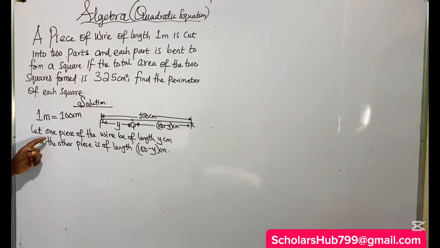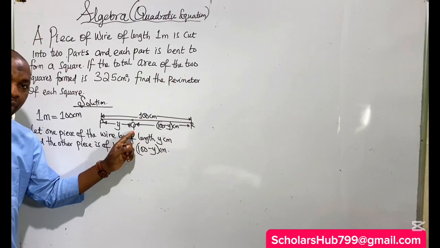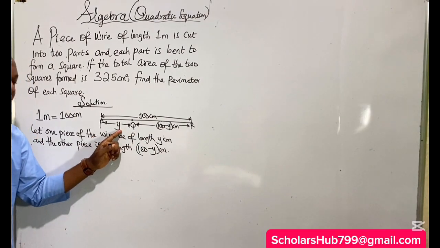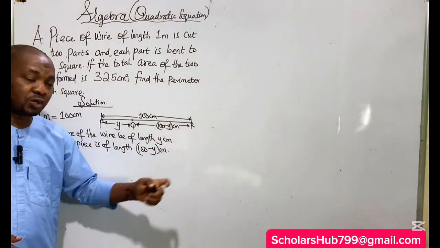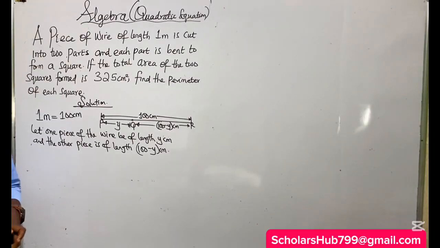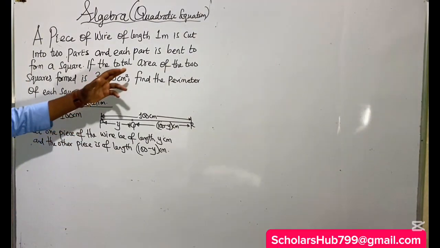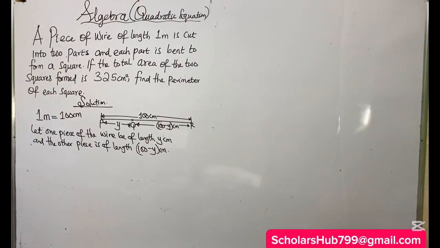So the first piece PQ has a length of y centimeters. The other piece of the wire has a length of 100 minus y centimeters. Each is bent to form a square.